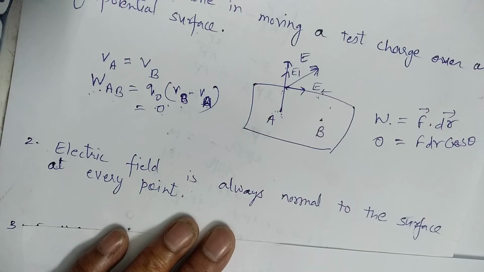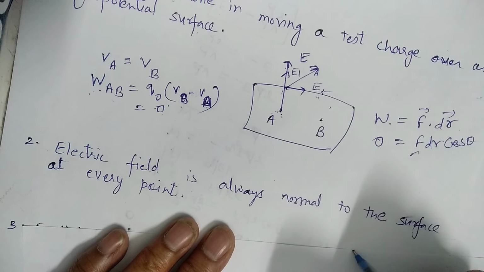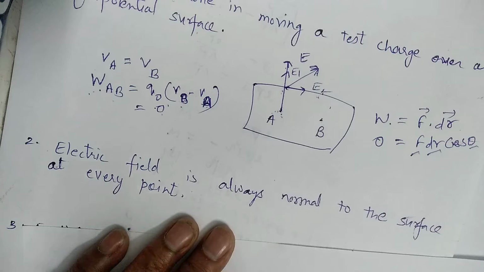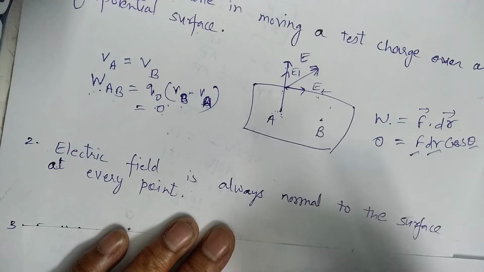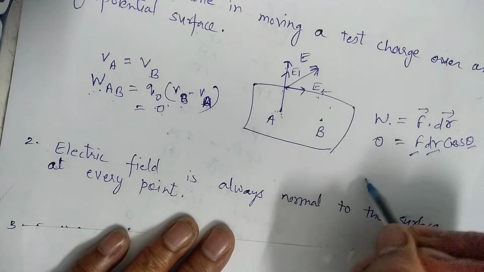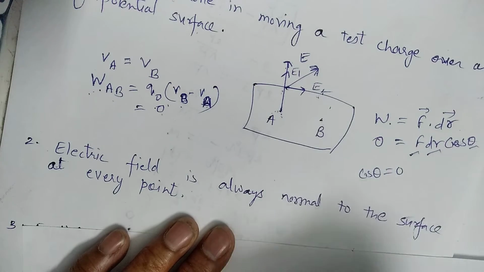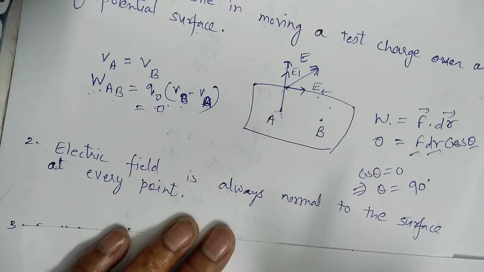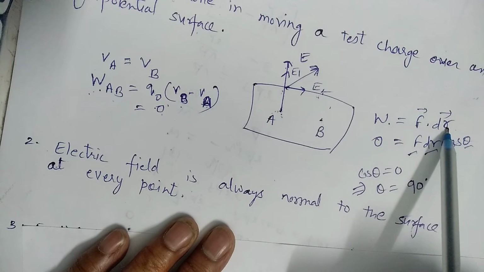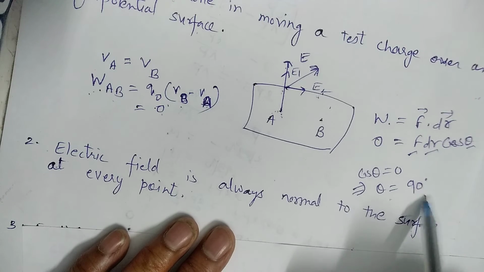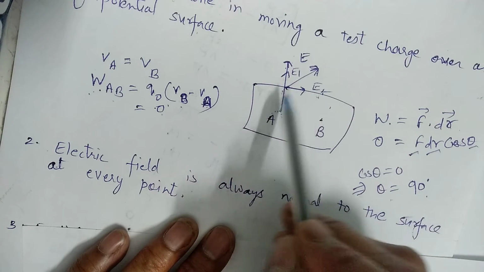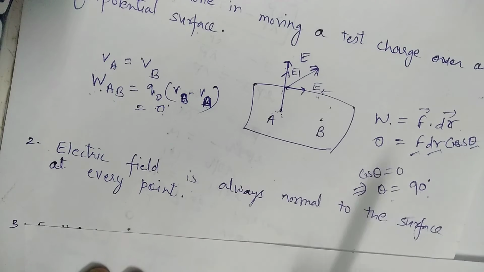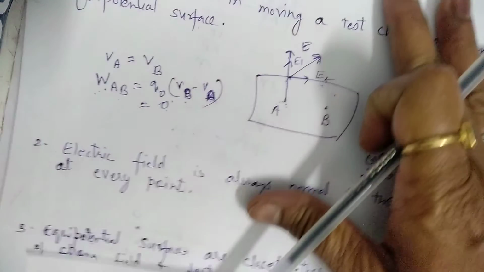If work done is 0, then either F is 0, dr is 0, or cos theta is 0. In neither case are F and dr 0. So only cos theta is 0, and when cos theta is 0, theta is equal to 90 degrees. That means the angle between force and displacement is always 90 degrees, that is, the electric field is normal to the surface.